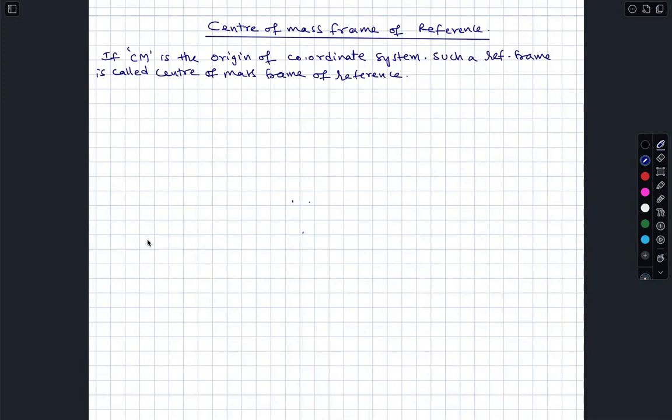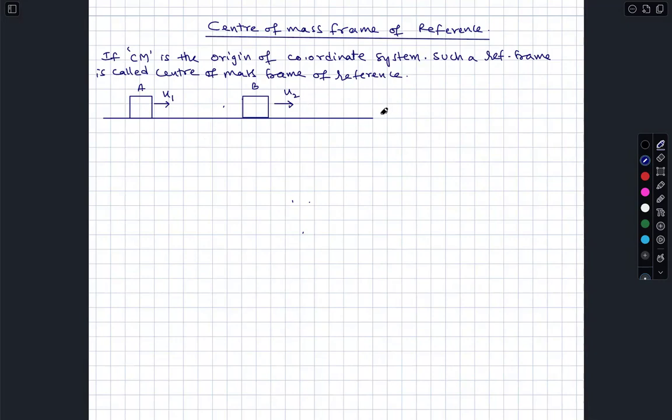Now, in center of mass frame of reference, I'll just give you a simple example. You take an arrangement like this. You have a block over here, you have another block over here. Let this be A, let this be B. It is moving with speed u1 and this is moving with speed u2.